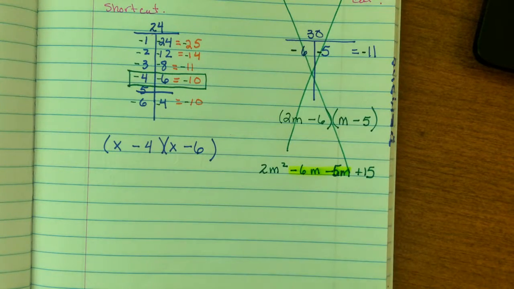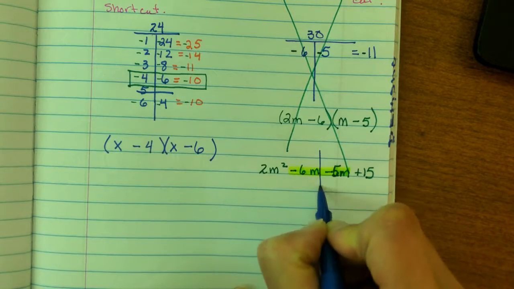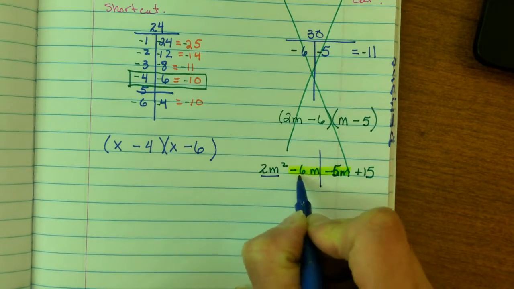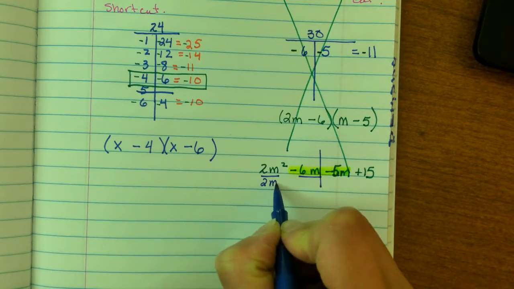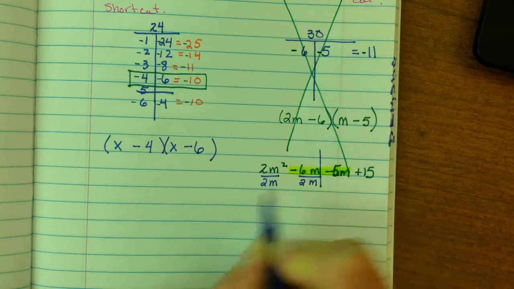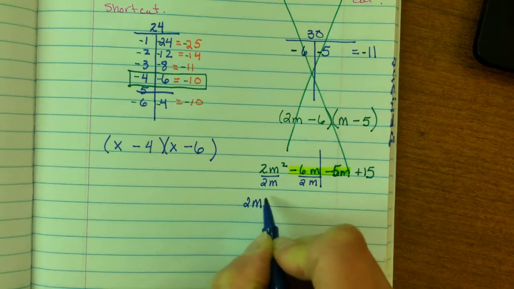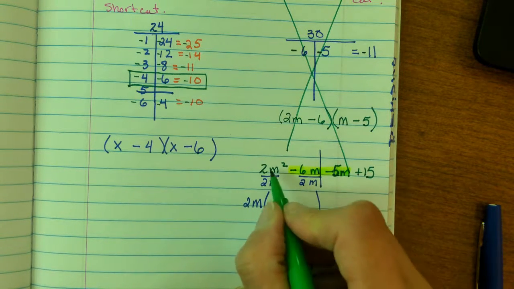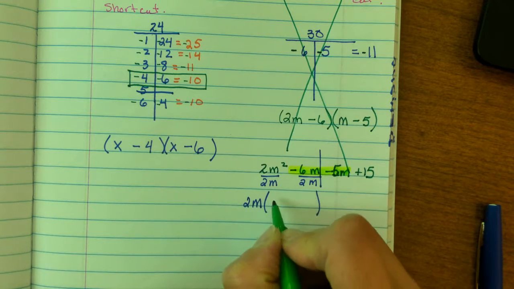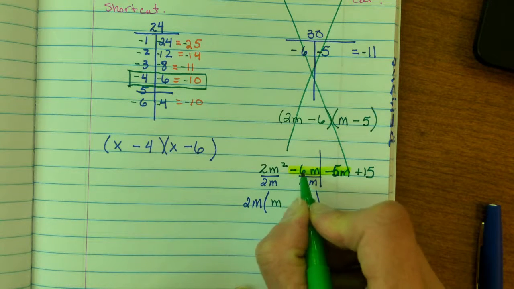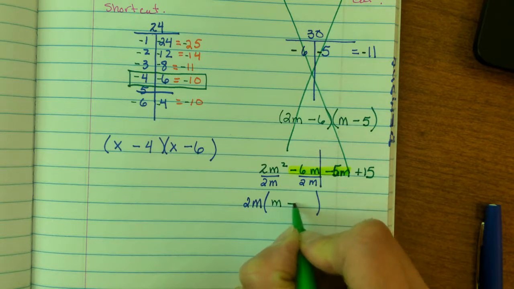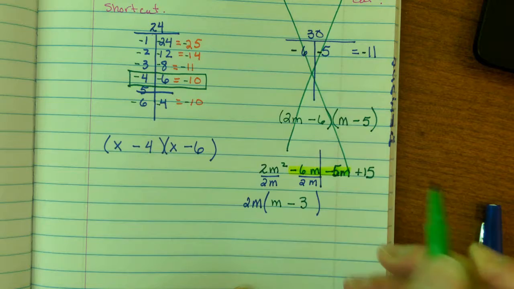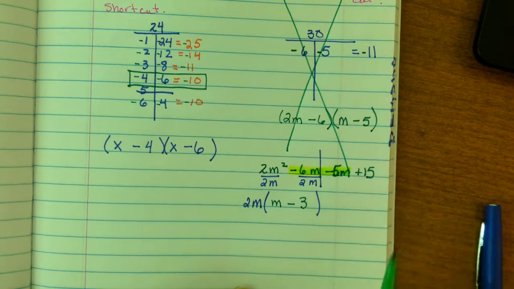Then I have to split them into two separate parts. Common factor here is 2m, so that 2m gets factored out in the front, and then that leaves me 2m squared divided by 2m leaves me with m. Negative 6m divided by 2 gives me negative 3.